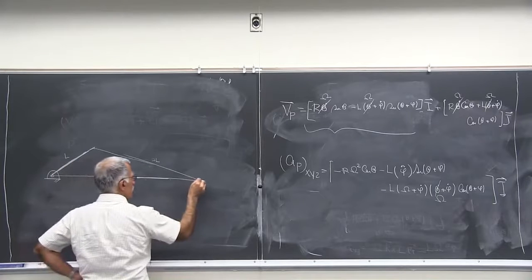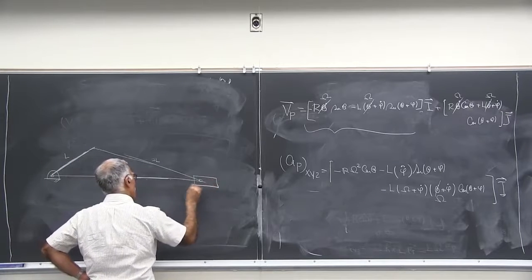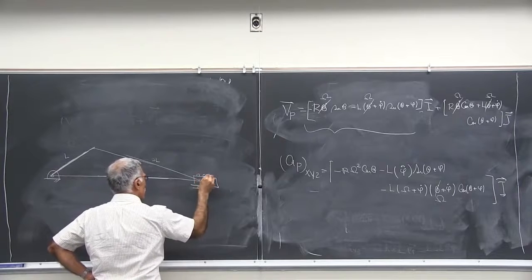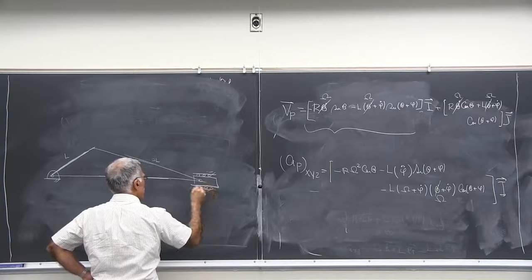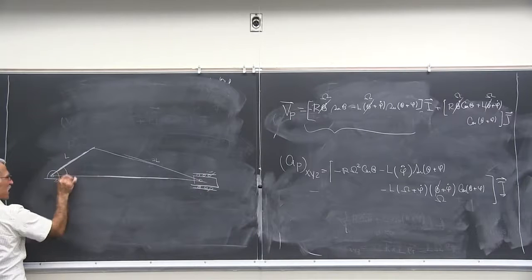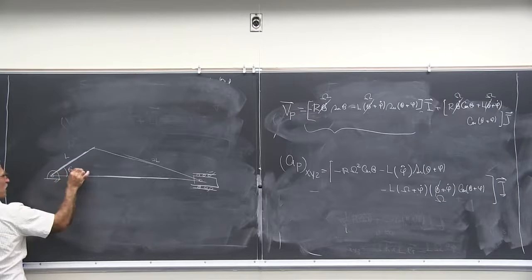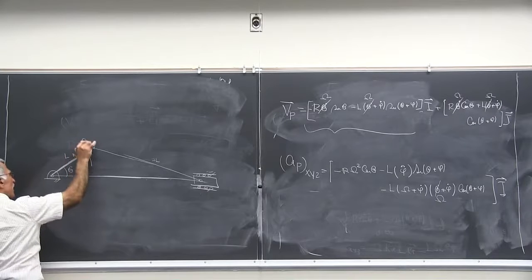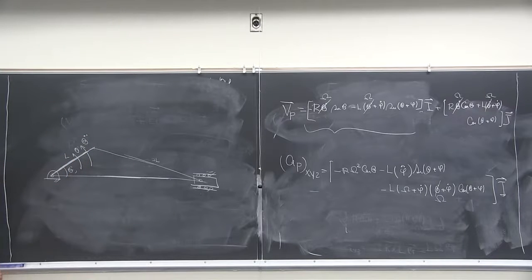And then we have a piston here, which is attached to here. And that piston is going straight up and down in this direction. And this one, the angle is theta, and it is rotating with angular velocity theta dot, and it has angular acceleration theta double dot.